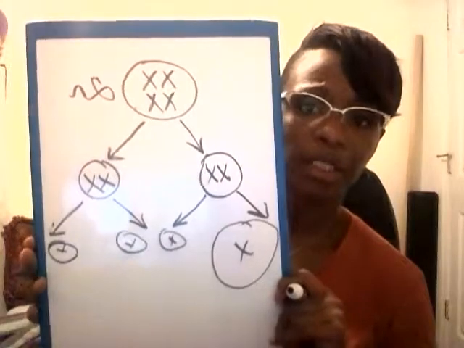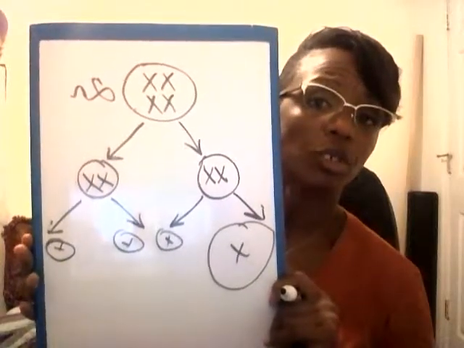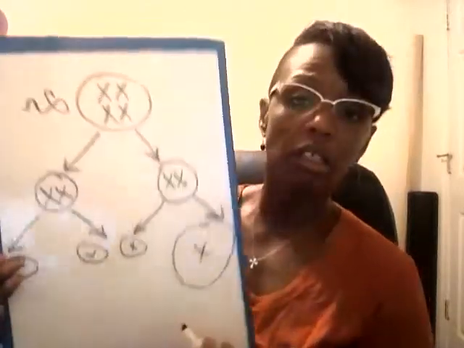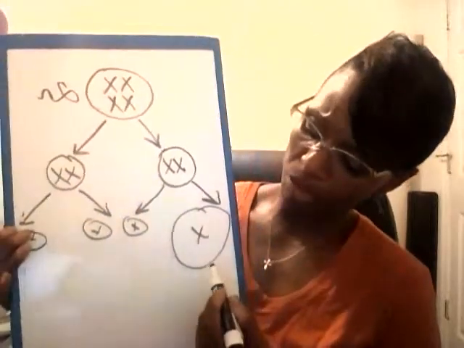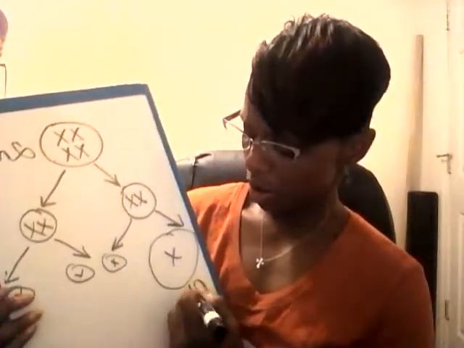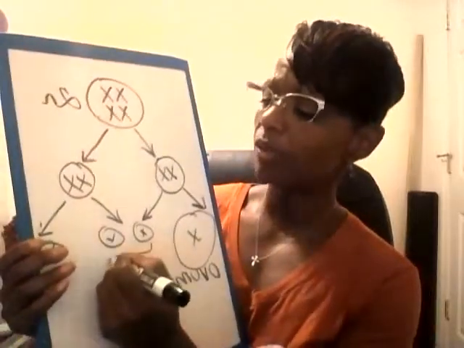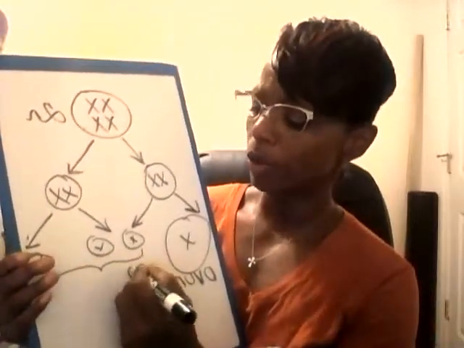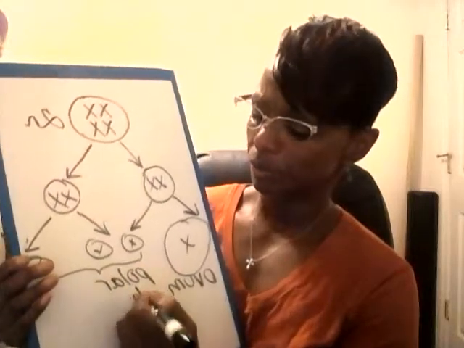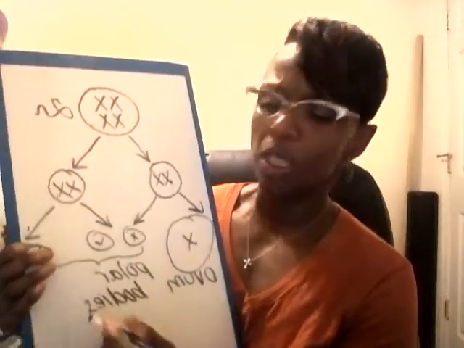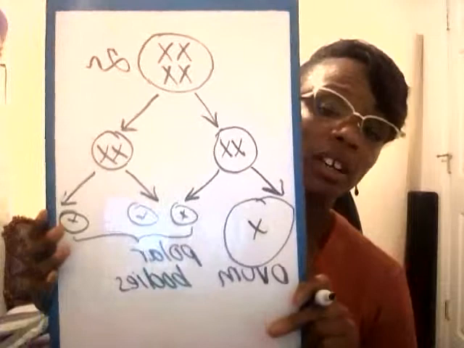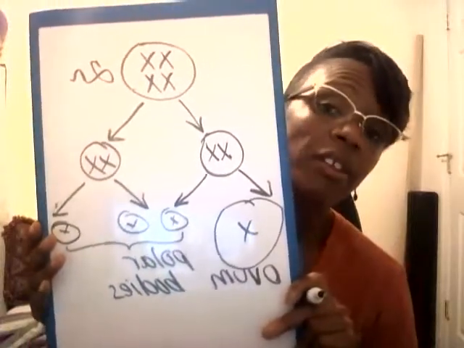this type of process. Now you notice I'm drawing one larger, and that's because this large end product is the ovum or the egg. These 3 are what are referred to as polar bodies. The polar bodies are very small, and they're not viable.